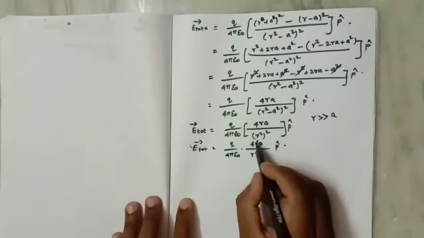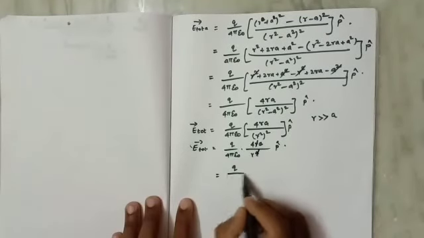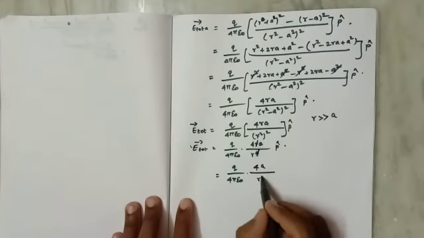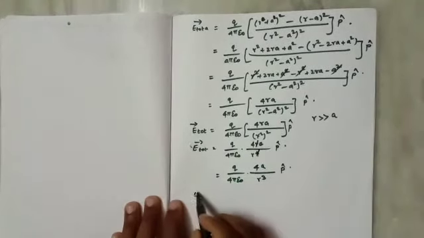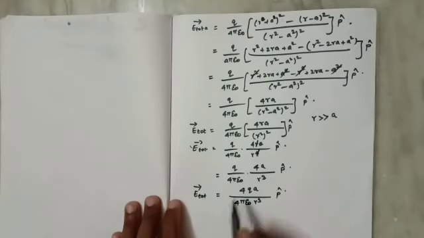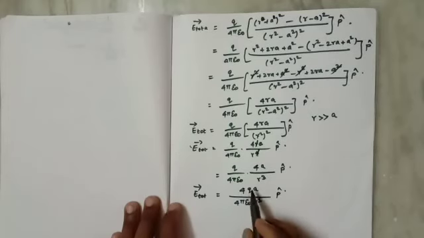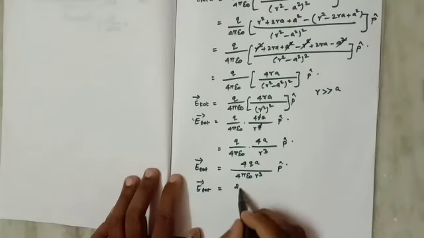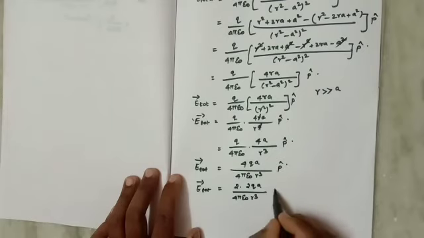R power 4 means one R cancels. So we can write Q divided by 4 pi epsilon naught, 4A divided by R cube, P cap. So the total electric field is equal to 4QA divided by 4 pi epsilon naught R cube, P cap. This 4QA can be split, so the total electric field is equal to 2 into 2QA divided by 4 pi epsilon naught R cube, P cap.